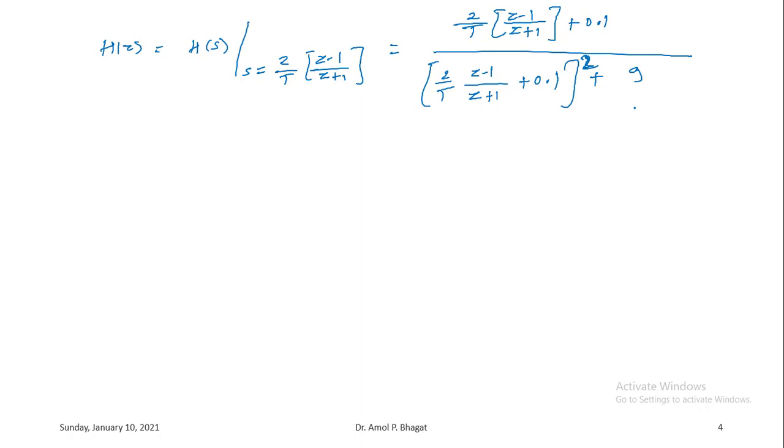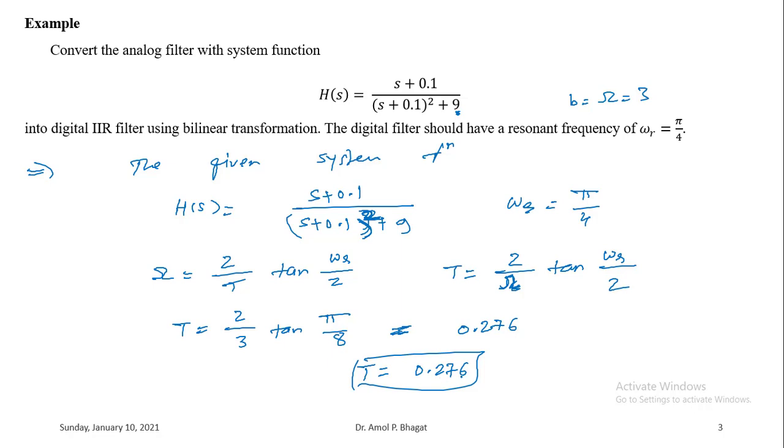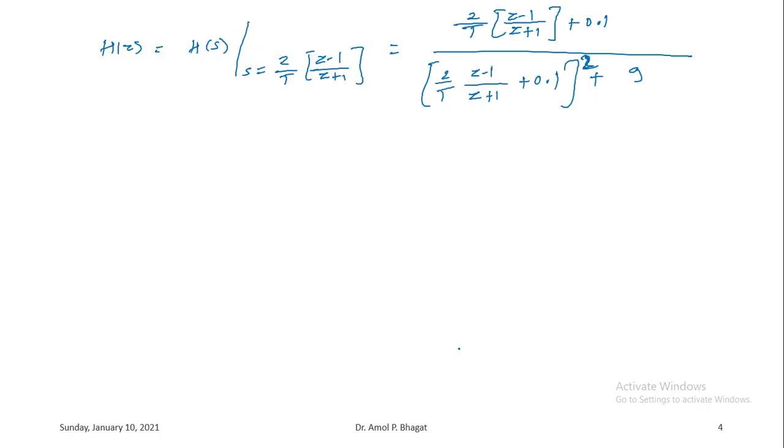In place of capital T I can substitute the value 0.276 and simplify it to get the actual value of H of z.